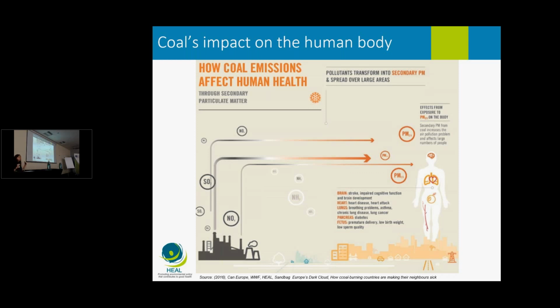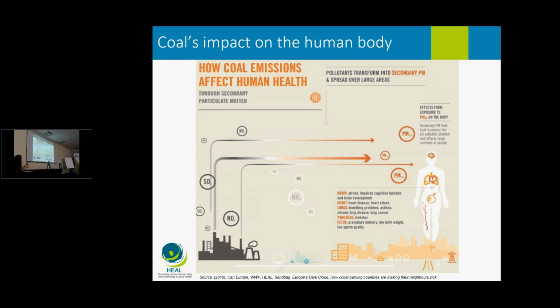When we burn fossil fuels, when we burn coal, of course many substances and pollutants are emitted, like you can see sulfur dioxides, nitrogen oxides, ammonia, and particulate matter. It's a very small particle, a couple of tens of times smaller; the diameter is smaller than a human hair.